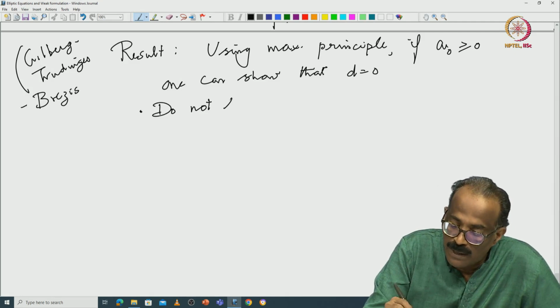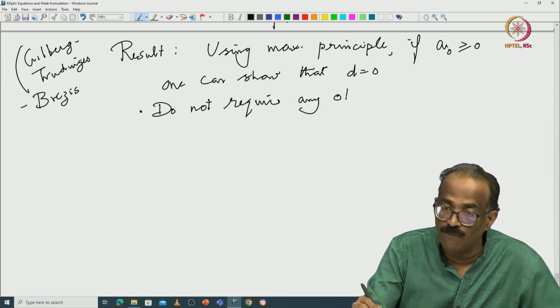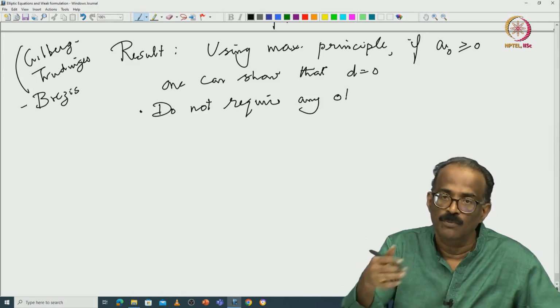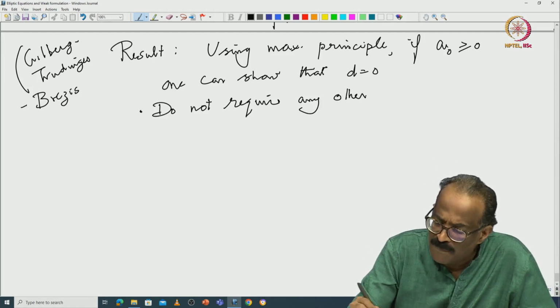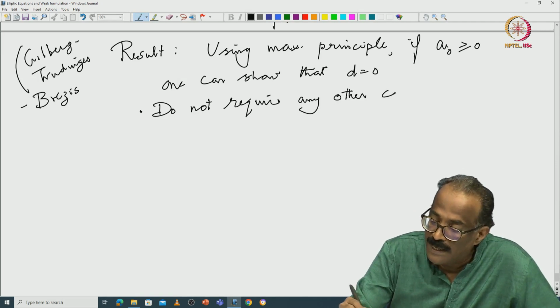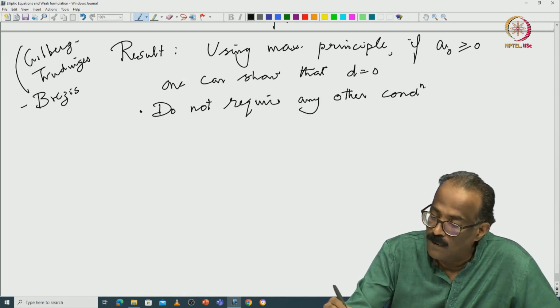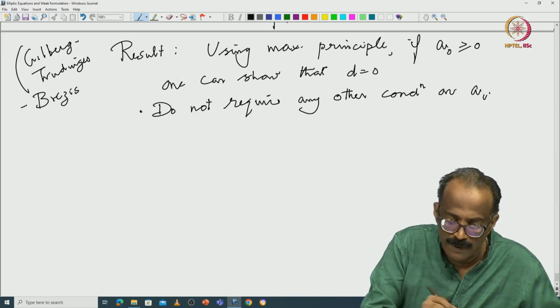You do not require any other condition, because of course you need Ai to be smooth and L infinity functions, but you do not need any sign condition on Ai.